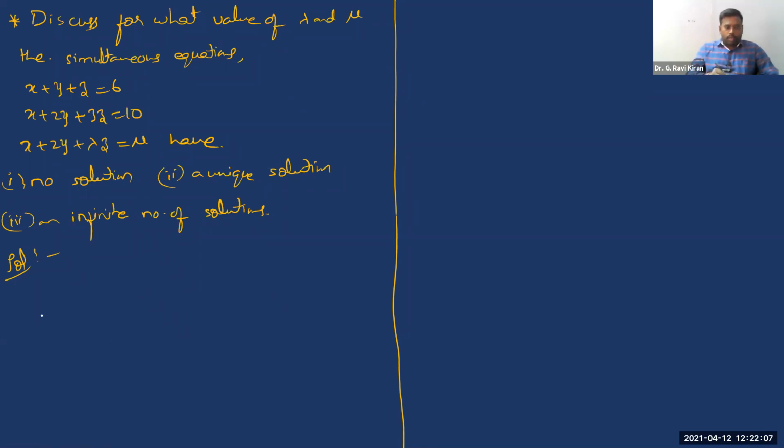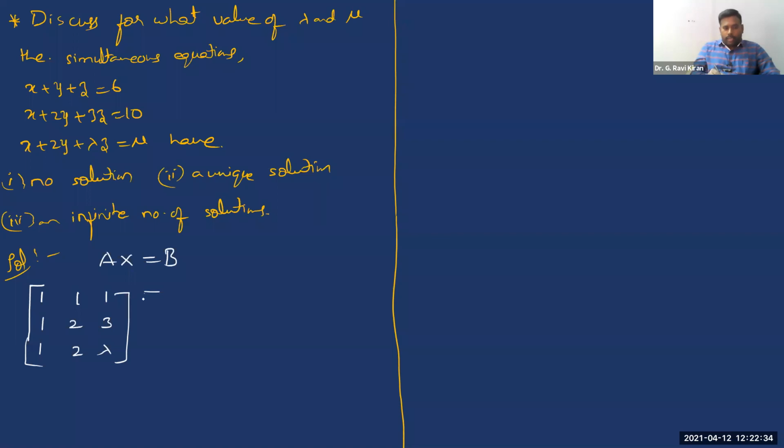But before getting to all these cases, normally we try to take its matrix form. Let's take, as usual, the matrix form from this system of equations. So how much is it? Matrix A, first row: 1, 1, 1. Then the second row: 1, 2, 3. And the third row: 1, 2, lambda.